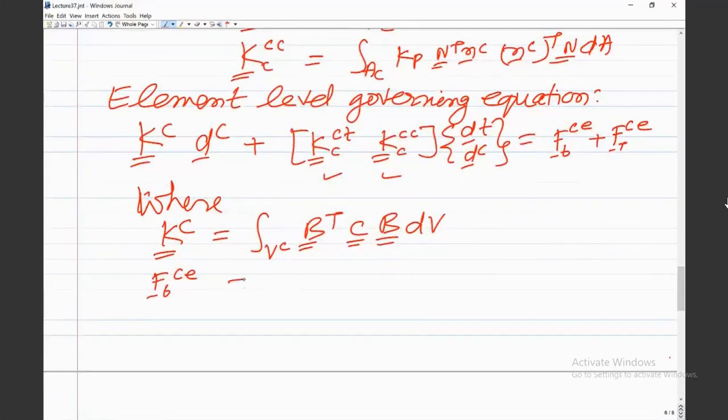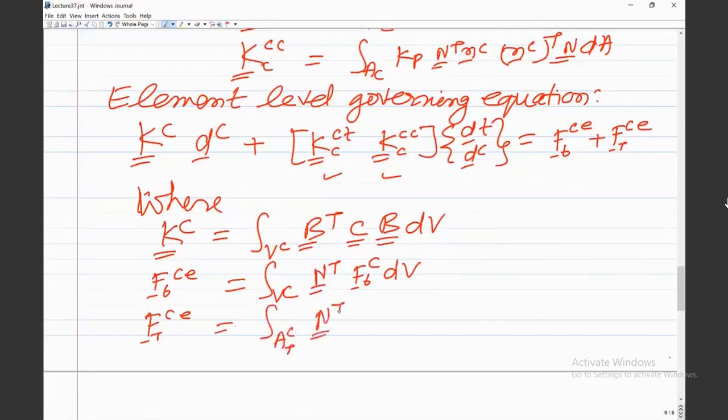FBCE is equal to the integration over the volume of the contactor element of N transpose into FB for the contactor into dV. And FTCE is equal to the integration over the area of the contactor body where traction is acting, of N transpose into T, the traction in the contactor body, dA.